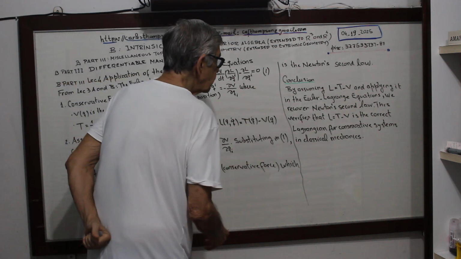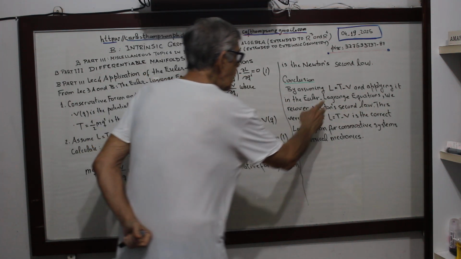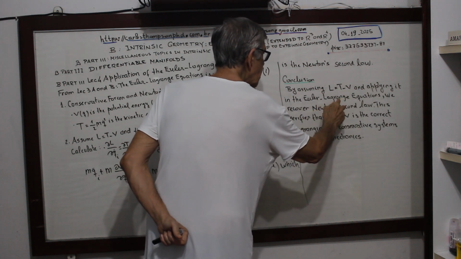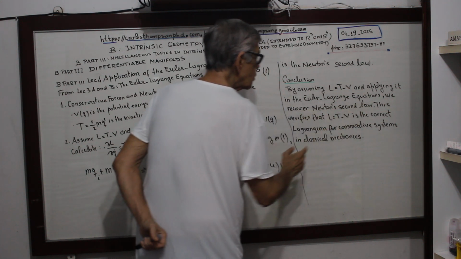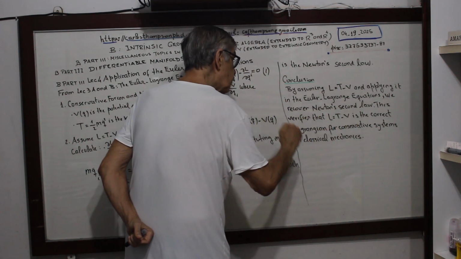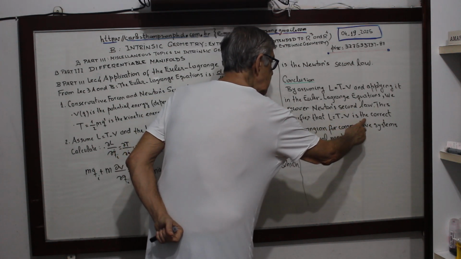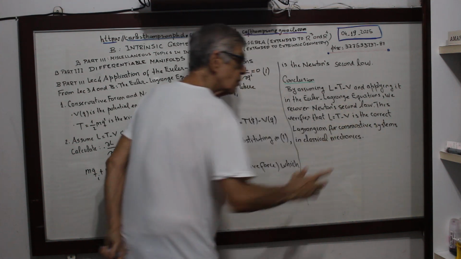So, conclusion: by assuming, by inspection, I repeat, L is equal to T minus V, and applying it in the Euler-Lagrange equation, we recover Newton's second law. This verifies that L equal T minus V is the correct Lagrangian for a conservative system in classical mechanics.